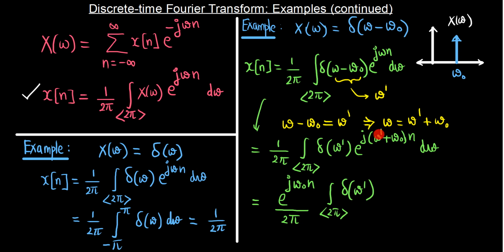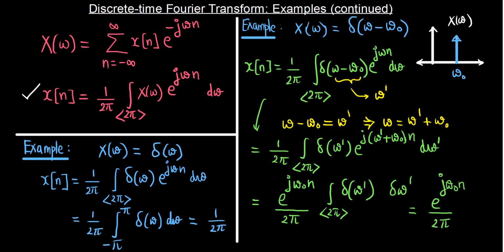So if we put this omega dash equals 0 here, we are going to get this signal as del of omega dash. So this is going to be equal to e power j omega naught n by 2 pi.